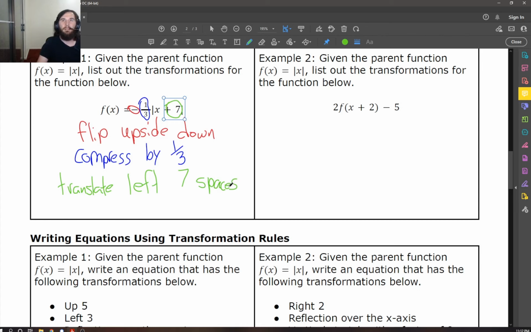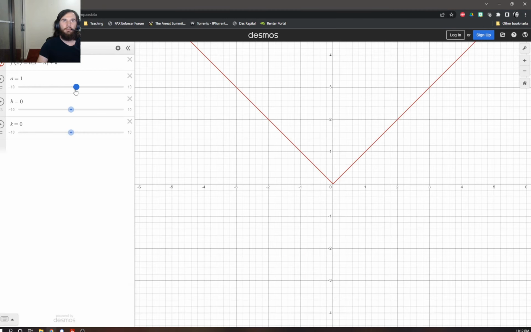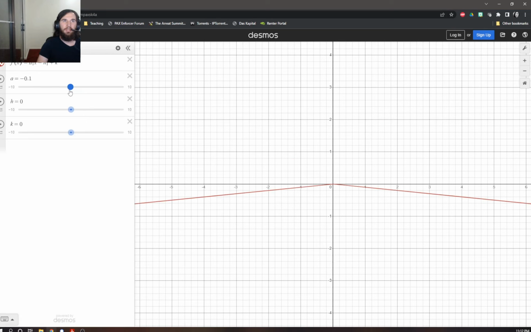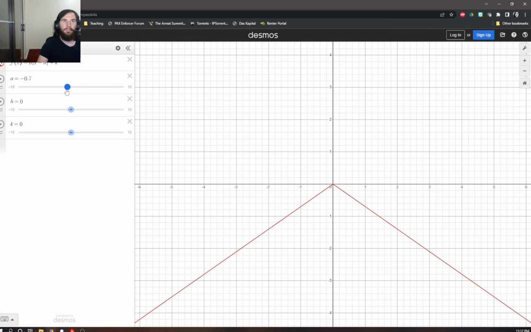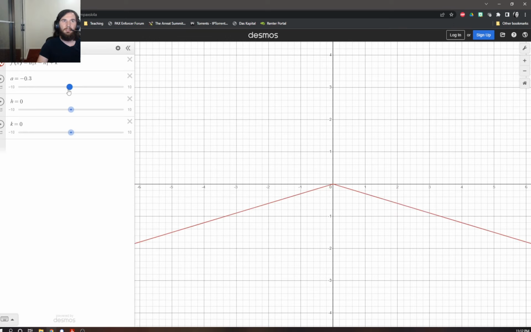And if we want, we can always go to Desmos and double check this. So that says negative 1/3. So we're going to go into the negatives. We'll go to negative 0.3. There we go. So it flipped upside down and got wider. So we were right about that. And then h became plus 7.